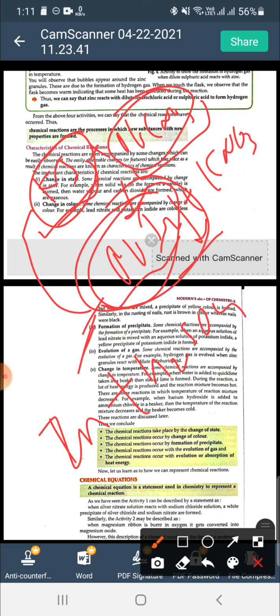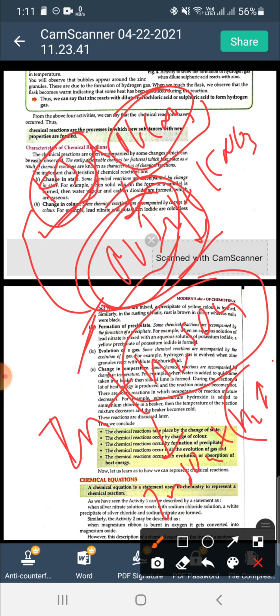As you did in 9th class, we take dilute sulfuric acid and add zinc granules into it, then bubbles are formed. ZnSO4 plus H2, bubbles formed there. These bubbles are known as effervescence, and these bubbles are produced due to the evolution of hydrogen gas. So we come to know that a reaction is occurring.